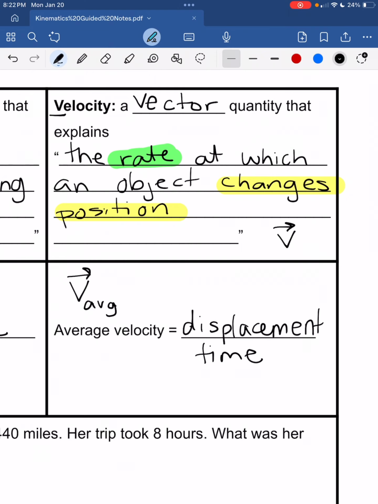So remember we called displacement delta x because it's the change in position.